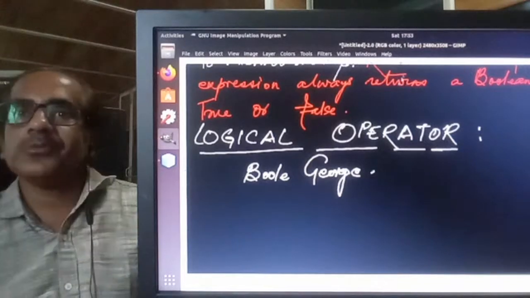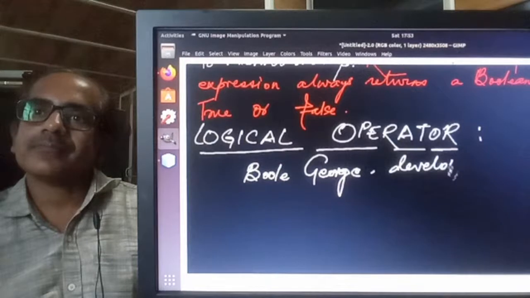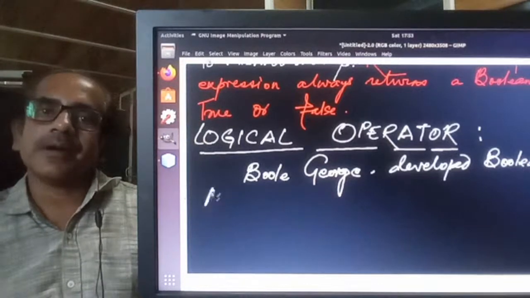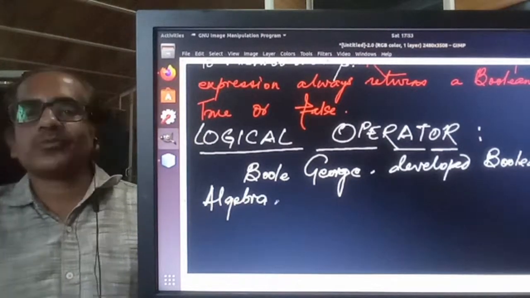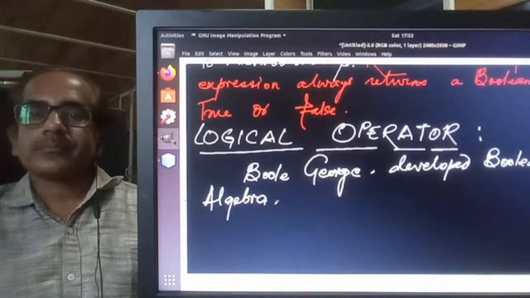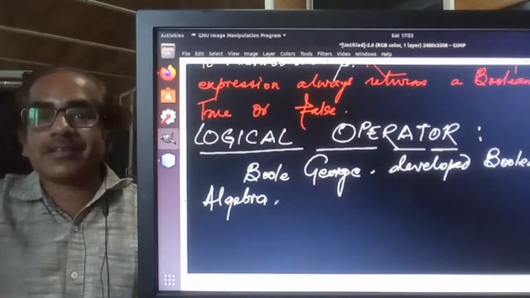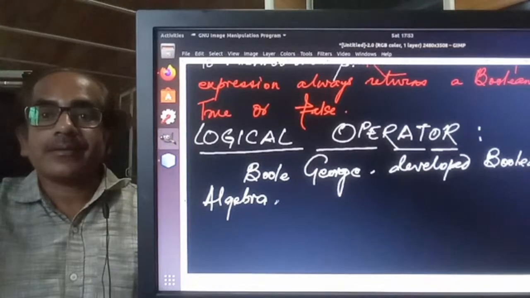George Boole developed Boolean algebra. When you go to class 12th, you will study about it. Now, algebra is a mathematics term.